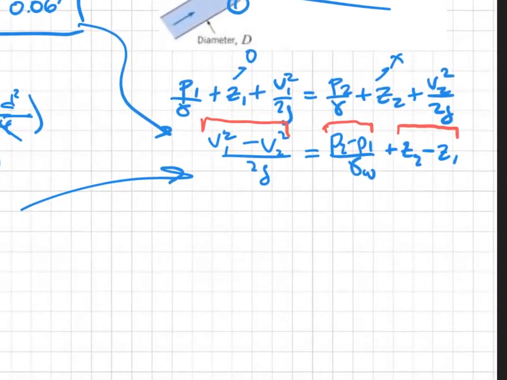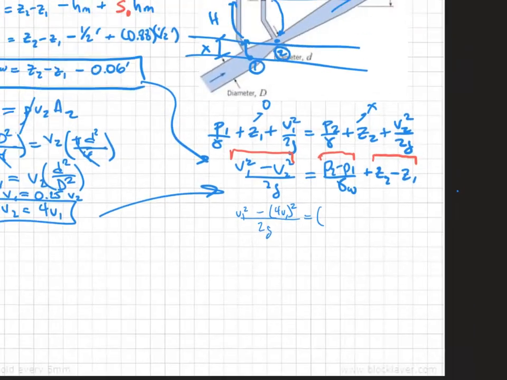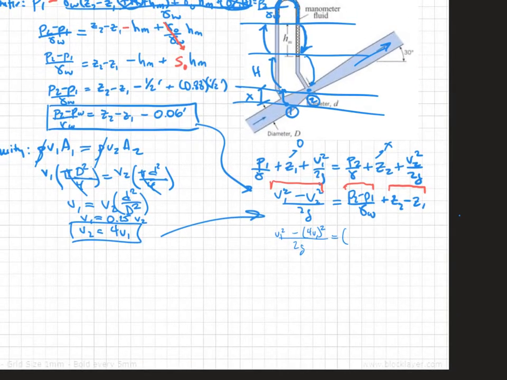Okay, so I'm going to zoom in over here and plug those terms in. Let's see, V1 squared minus V2, which is 4V1, squared, all over 2g equals, okay, let's make sure we're getting this right.